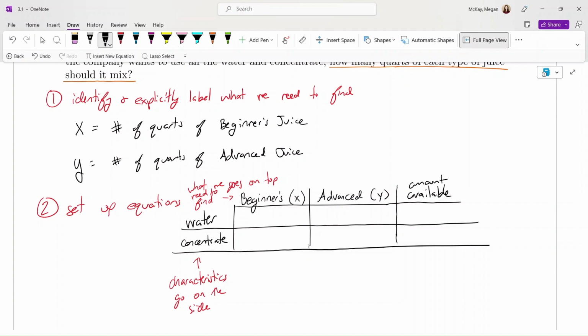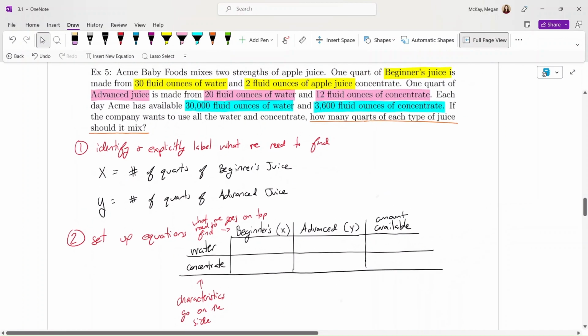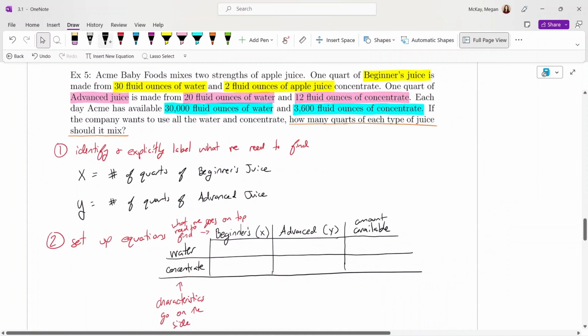So, beginner's juice, let's zoom out so we can see everything here. Beginner's juice uses 30 fluid ounces of water. It also uses 2 fluid ounces of apple juice concentrate.